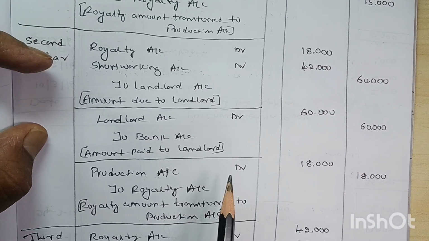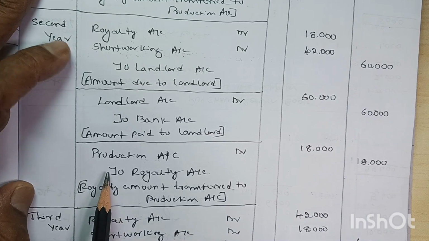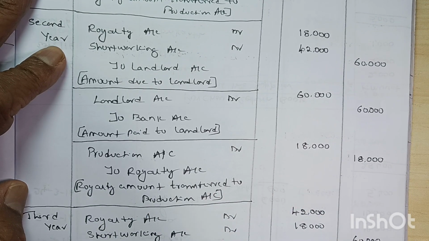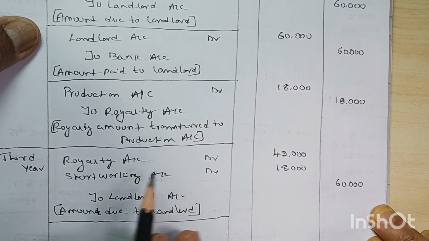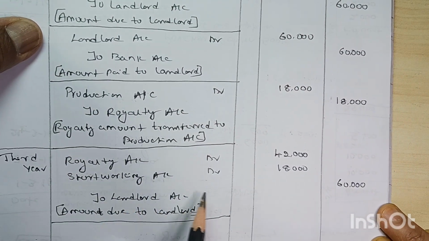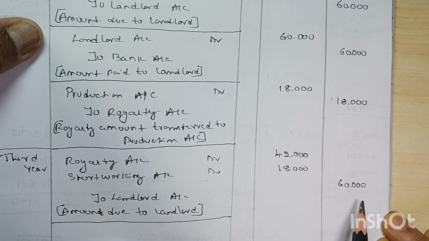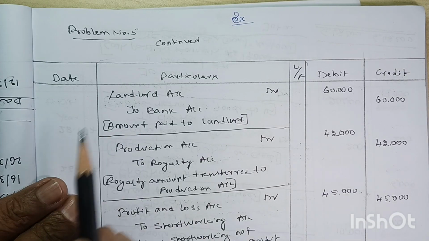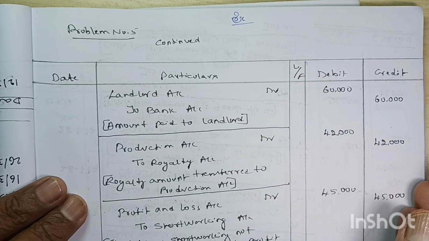Then once the royalty account is open, it should be transferred, that is production account debit to royalty account 18,000. Then third year, royalty account debit, short working account debit to landlord account 42,000, 18,000. Then to landlord account payable is 60,000. Second journal entry, landlord account debit to bank account, that is amount paid to landlord.